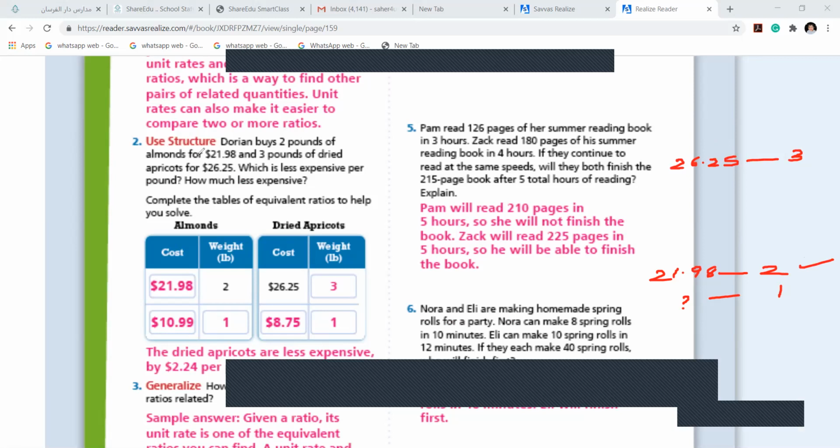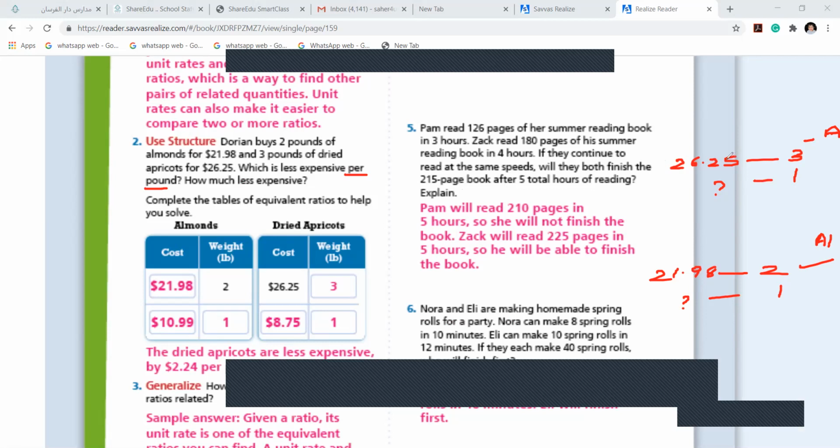Dorian buys 2 pounds of almonds for $21.98. They want us to know how much it is per pound. So I need to check with 1, and then we compare which is less expensive per pound.